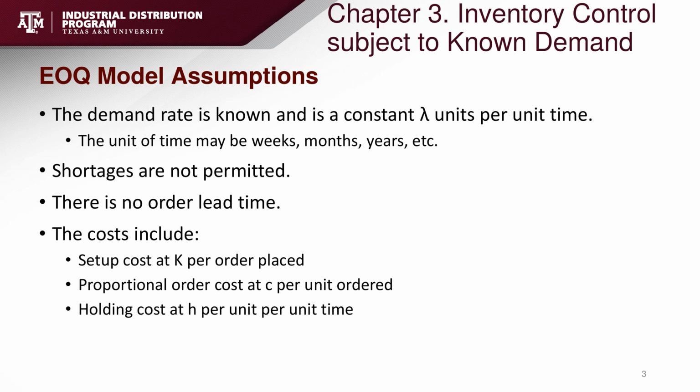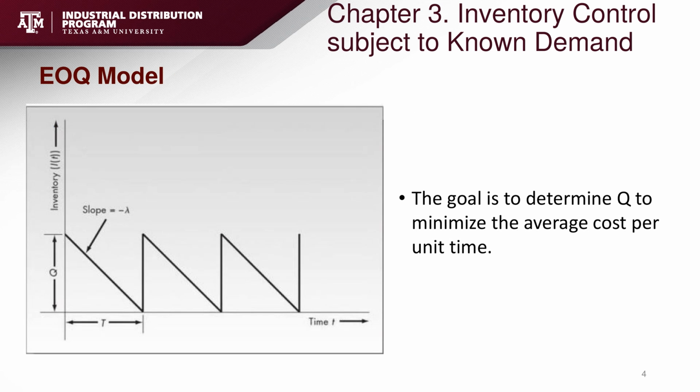And fourth, the costs. A setup cost K every time we order, a per unit cost C, and a holding cost H per unit time. Now, keep your eye on that H. It does a lot of work for us, and it ties straight back to an inventory holding rate where H equals IC.